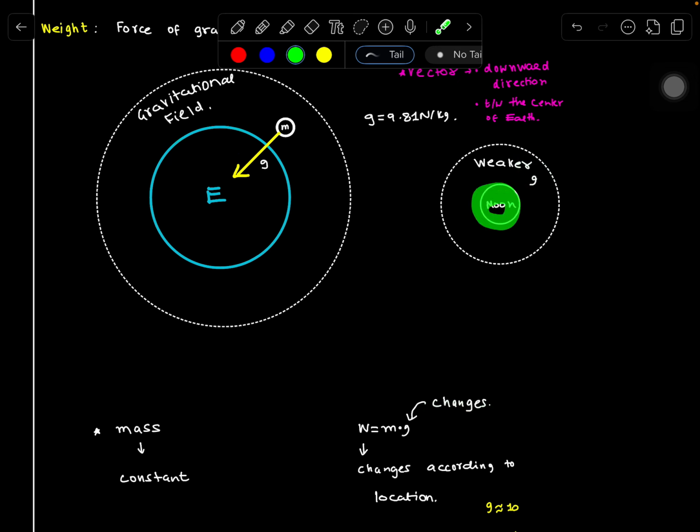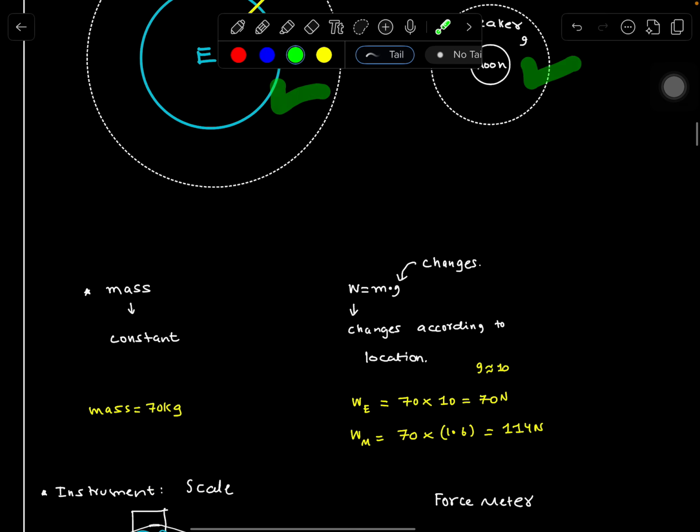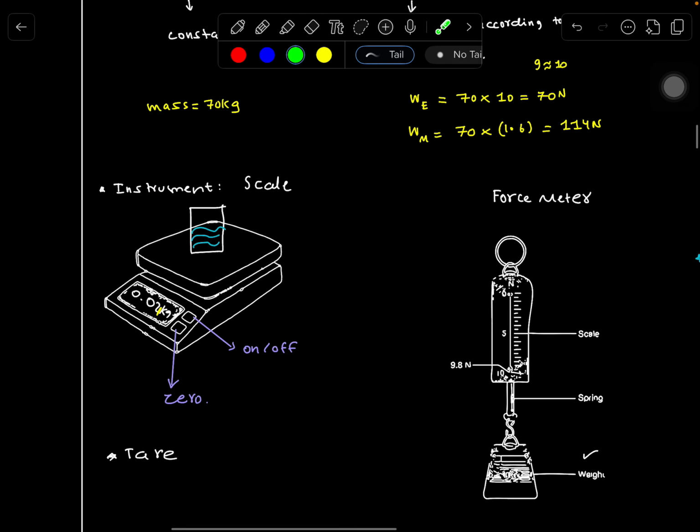The moon has a smaller gravitational field strength compared to planet Earth. So your mass will be the same on both of these bodies, but the weight will be smaller on the moon compared to Earth.